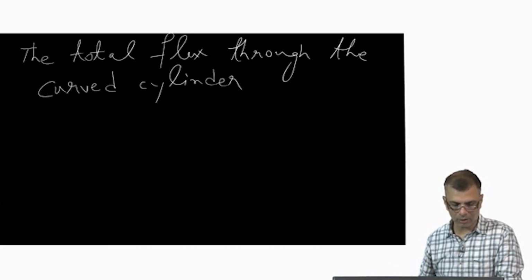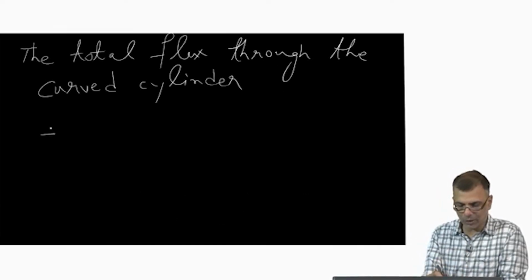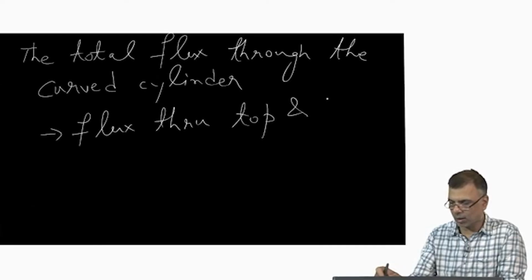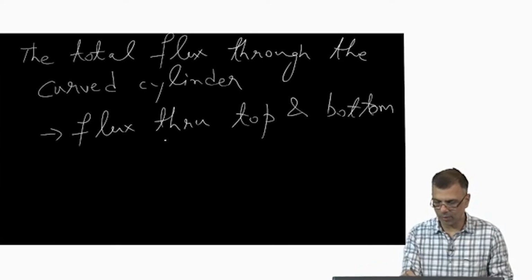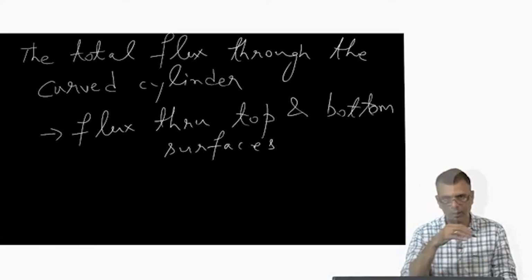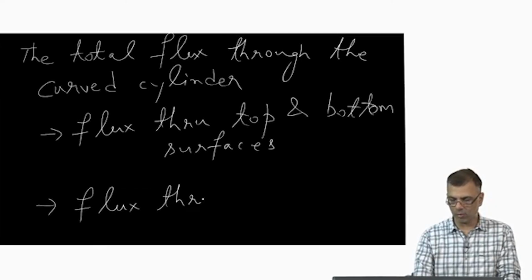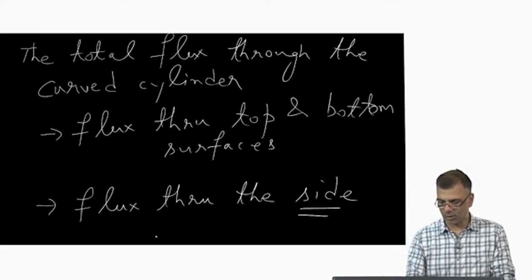This curved cylinder has two pieces, so to speak: flux through top and bottom surfaces, which is what we have been talking about so far, and also flux through the side surface.